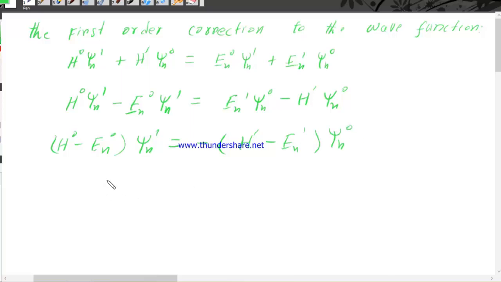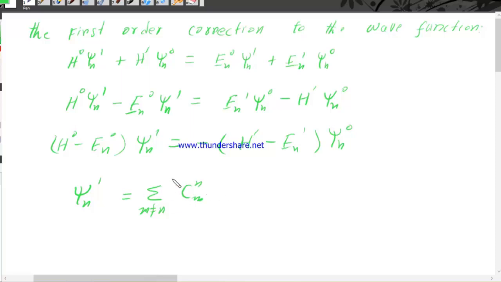So then ψn1, where n is a complete set, is a linear combination of them.